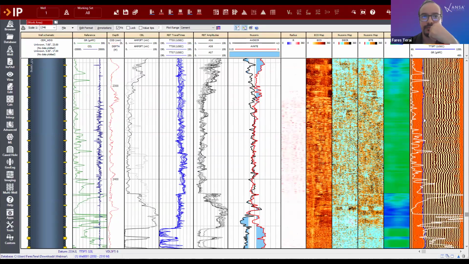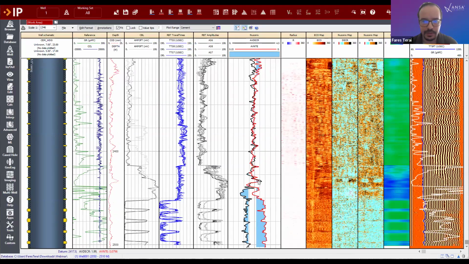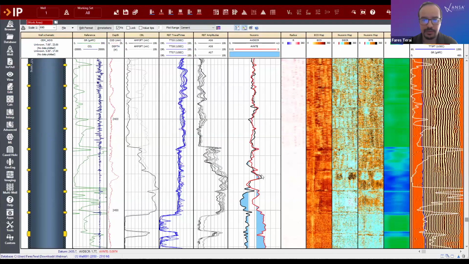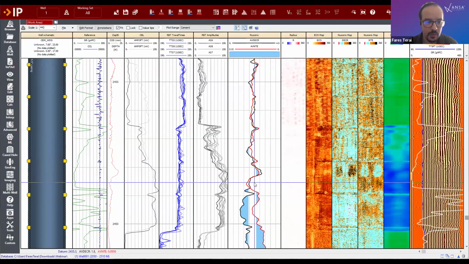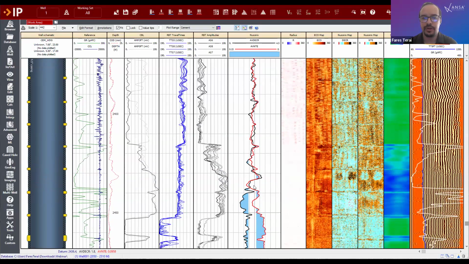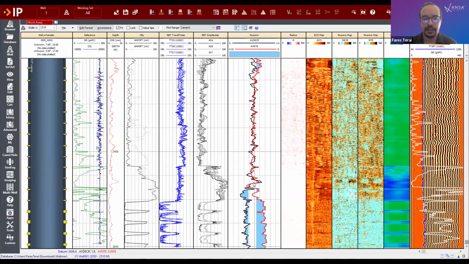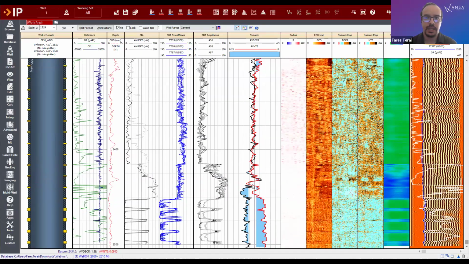It does make sense since the formation arrivals are quite strong here, which is generally an indication of good bonding. This overlap continues. Let me zoom a little bit up to this point, 2004.37, let's say 2004.37. Below this point, we're entering again a liquid filled section.